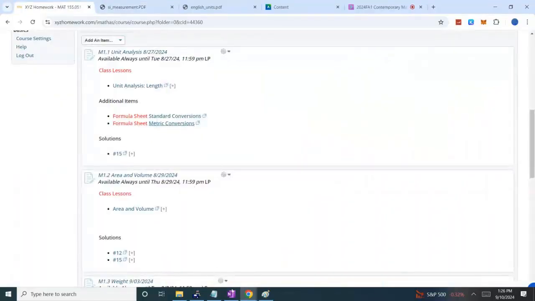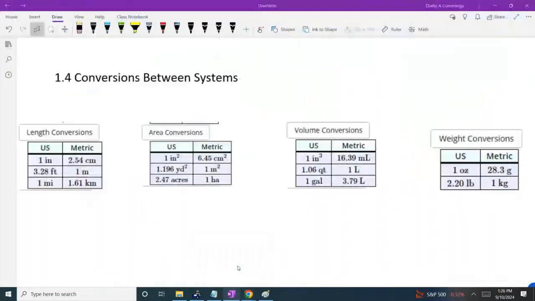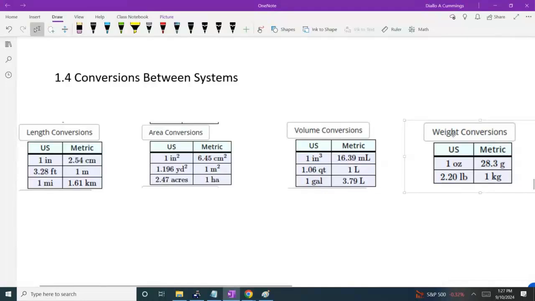The developers for XYZ homework this year, because this has not been here before, they'll give you the conversions. I would strongly advise you to use the conversions that they give you. Therefore, your answer is going to come out right.